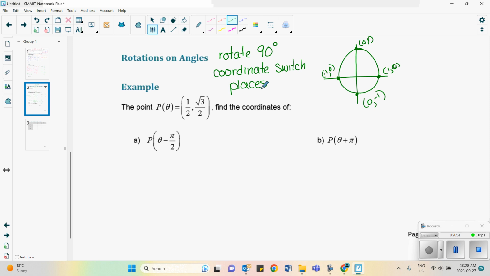So this one here is 30 degrees, and that's pi over 6 in radians. This is where my short, long thing helps. I know that my x is longer than the triangle is tall. So I know that root 3 over 2, because that's a bigger decimal, is the x, and the y is going to be 1/2.